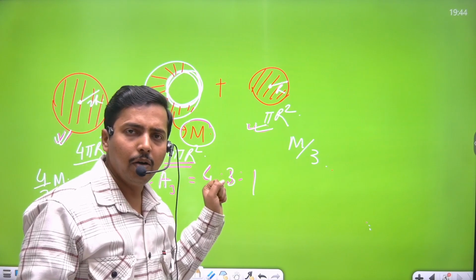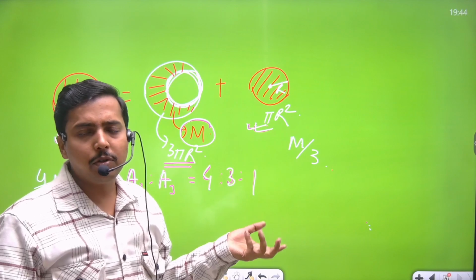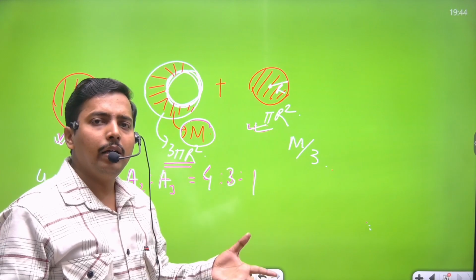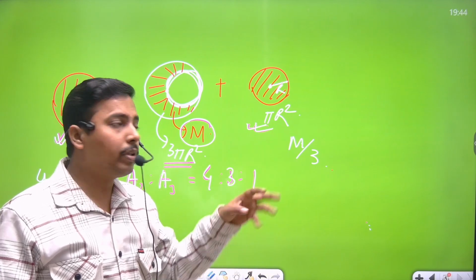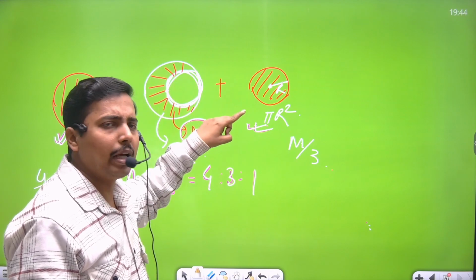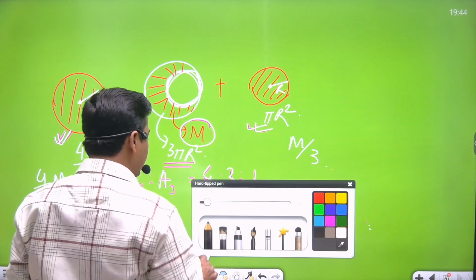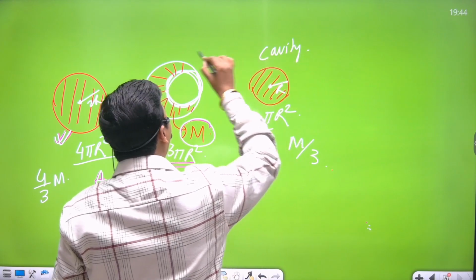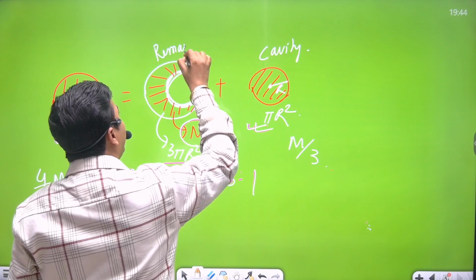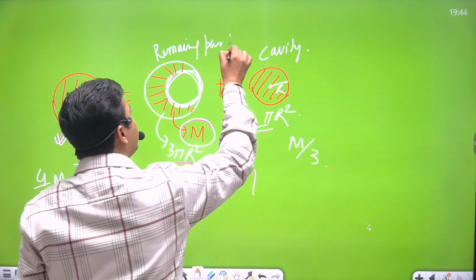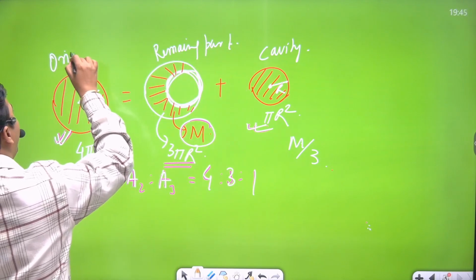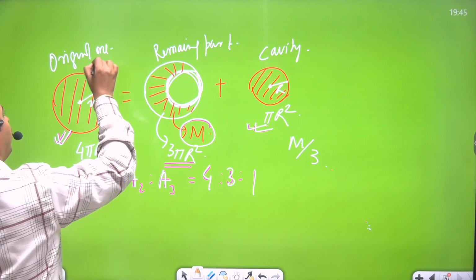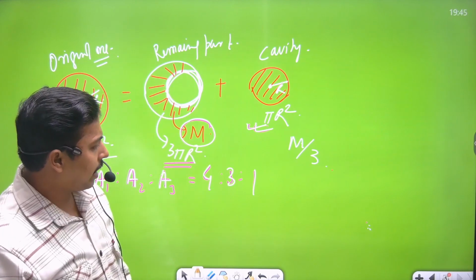In some questions you may get confused. This is called the cavity, this is called the remainder or remaining part, and this is the original one. Fine, so this is the crux of the question.